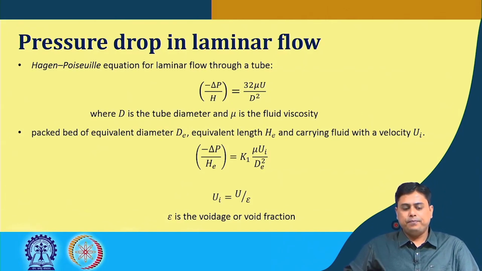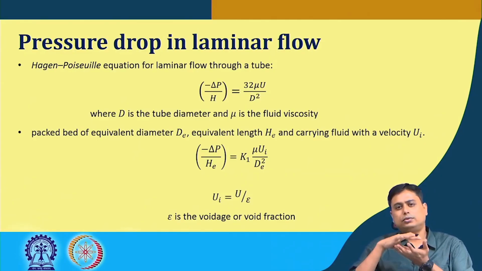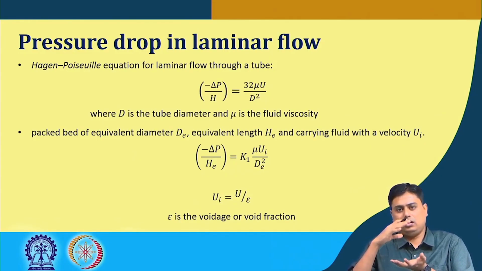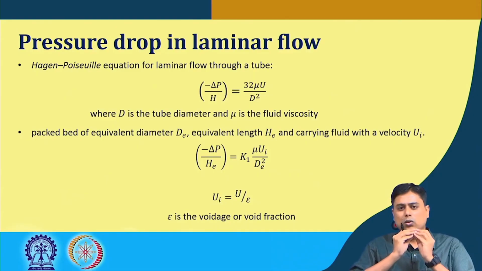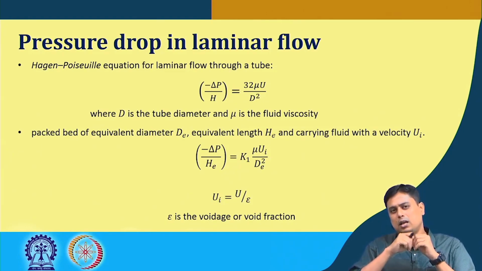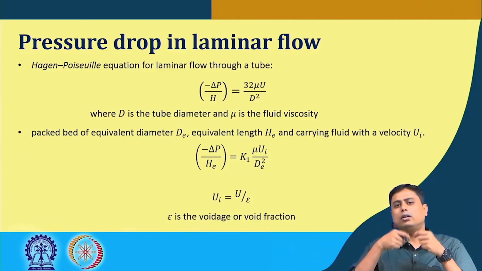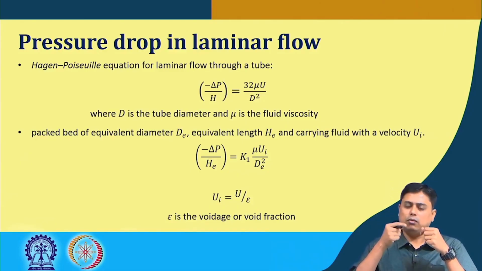The point here is that the packed bed, or a stack of particles of a certain height h, again can be thought of, if somehow you have managed to fill the beaker with known size spherical particles in a sequential manner, then it is possible to imagine that the void spaces in between the particles are of this kind of tube-shaped void space.